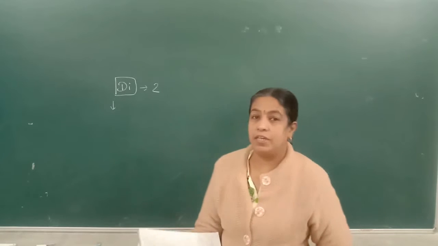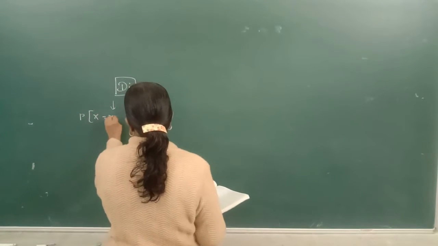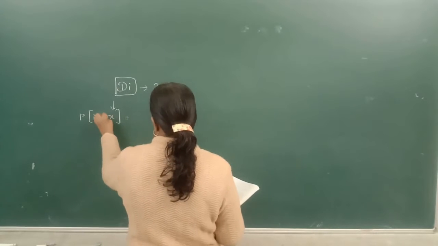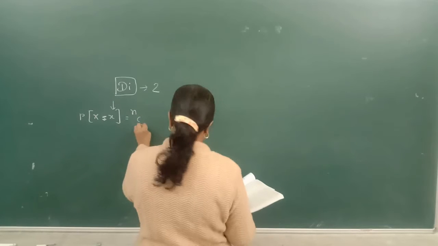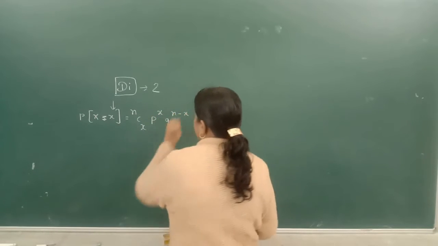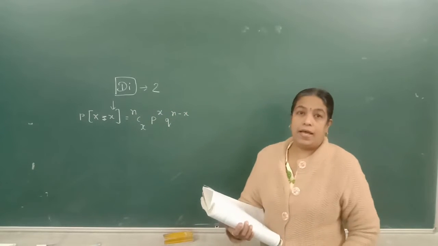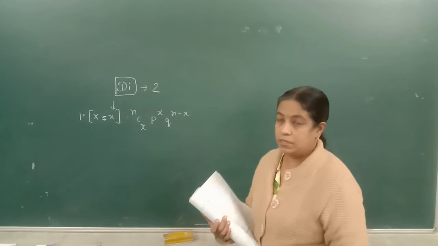mass function is given by P of x. Very important, this is a formula. P of x is equal to nCx p to the power x q to the power n minus x. Looking at this formula, there is no idea about the sums.